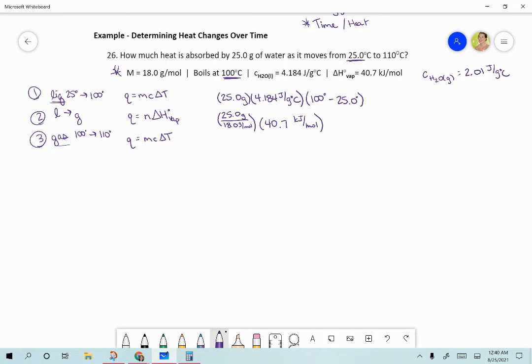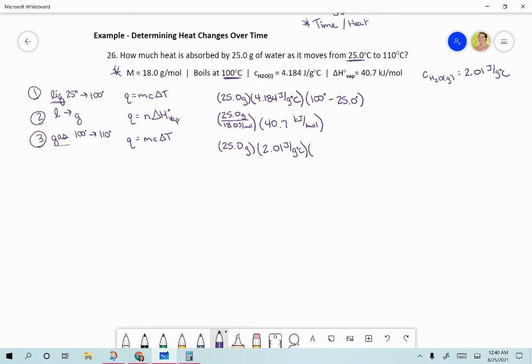And then for my last step, I still have the same mass of water. I haven't done anything to lose any mass or change any mass into anything else, but I have changed what state I'm in, so I need to make sure that I use the right specific heat. So since water is now a gas, I need to use the specific heat for water in its gas state.